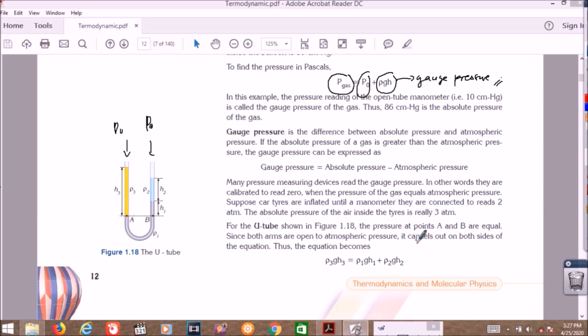The other important thing: the pressure at the same level is equal. This works only for locations in the same fluid. A and B are located at the same level and in the same liquid.